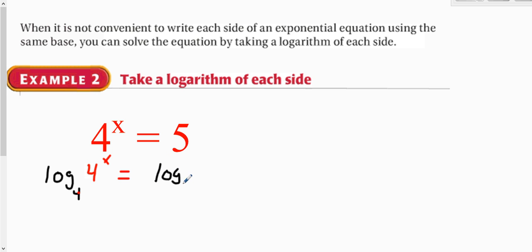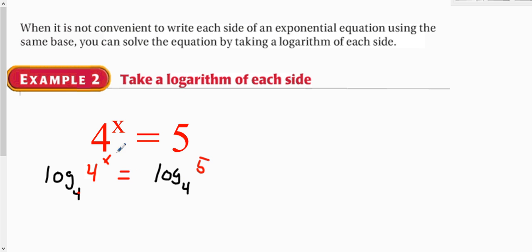And again, this is log base 4 of 5. There we go. I'm taking the log of both sides. Now the common mistake here is thinking, okay, I want these bases to match. Well, on the other side, again, this is the mistake. A lot of kids want these two bases to match. No, whatever I do to one side, I have to do the same thing to the other.